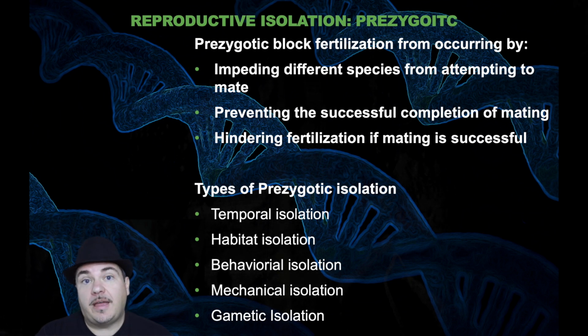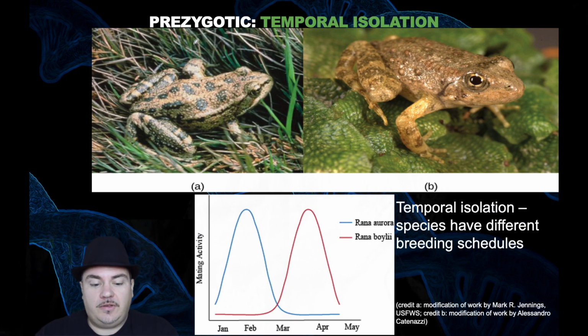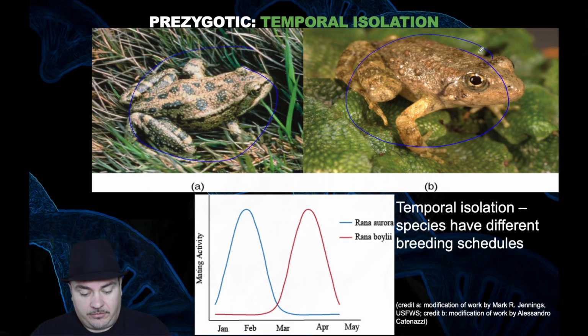Okay, then there are different types of prezygotic isolation. This would be temporal isolation, habitat isolation, behavioral isolation, mechanical isolation, and gametic isolation. We're going to run through each of those with an example. So, types of prezygotic isolation. First one, temporal isolation. So these two different species of frogs, they live in the same area. But the different species of frogs don't mate with each other. Why don't they mate with each other?